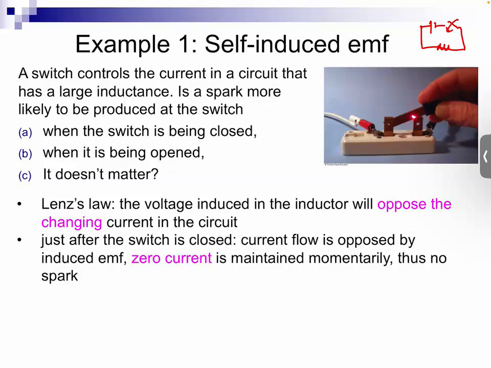When you close the switch, current will of course be able to flow because you're completing the path, but Lenz's law says that the current will not flow immediately, because you're going from zero current to some current value. In essence, you're going from zero magnetic field to some magnetic field value, and Faraday's law will oppose that change. So it will create a magnetic field that will oppose the current flow. So momentarily, there's still zero current for a very short time before current is able to flow.